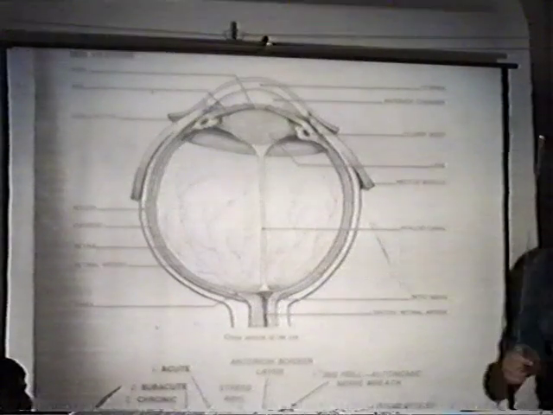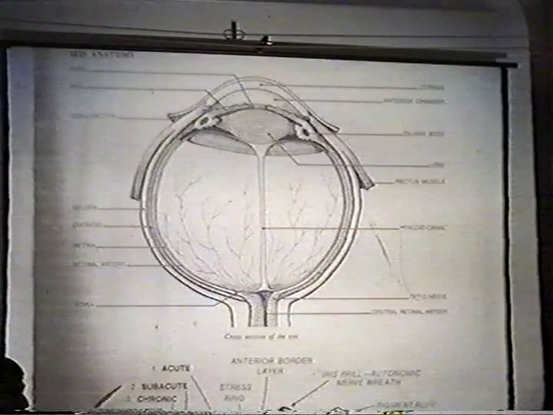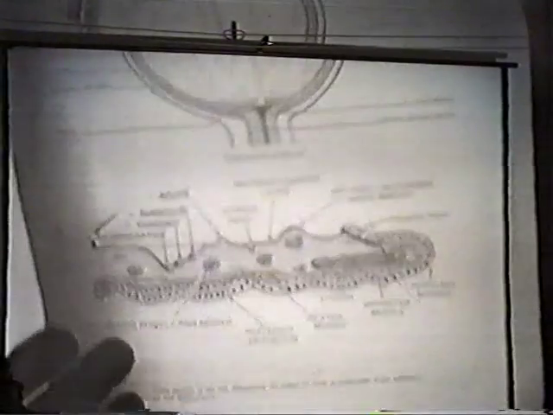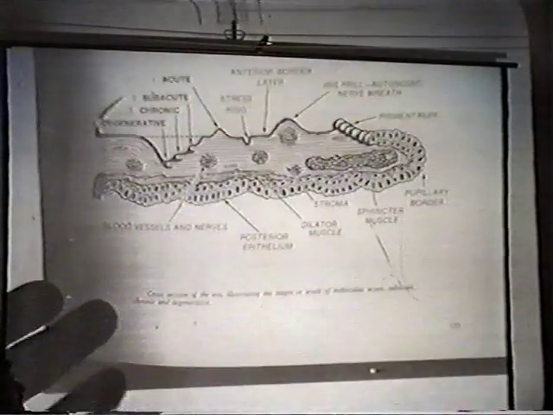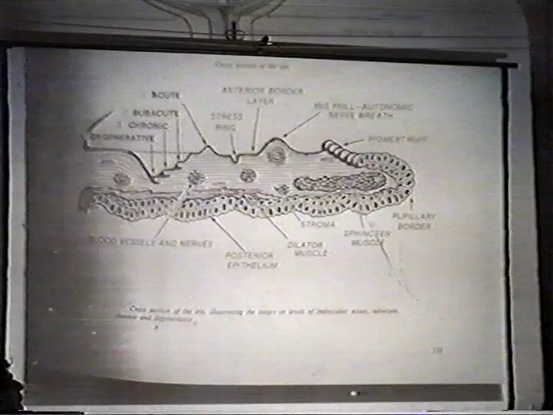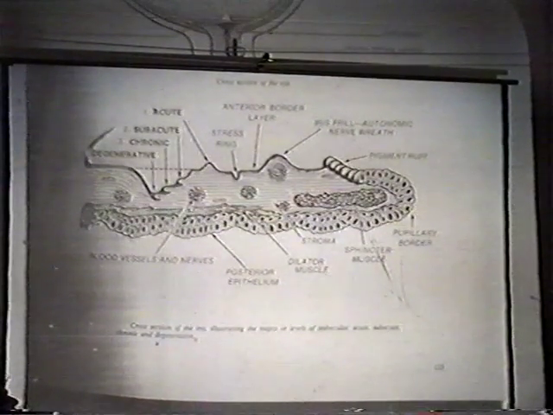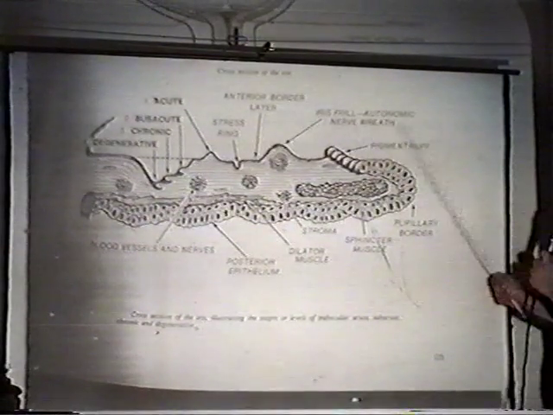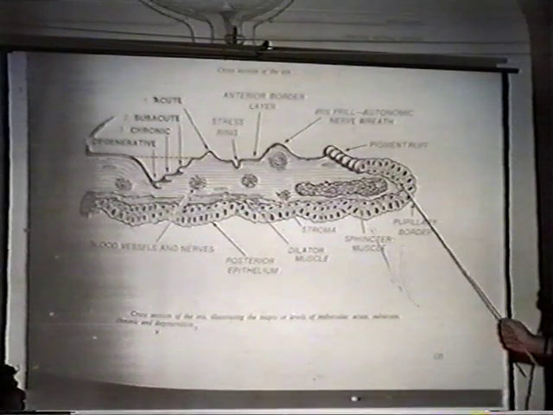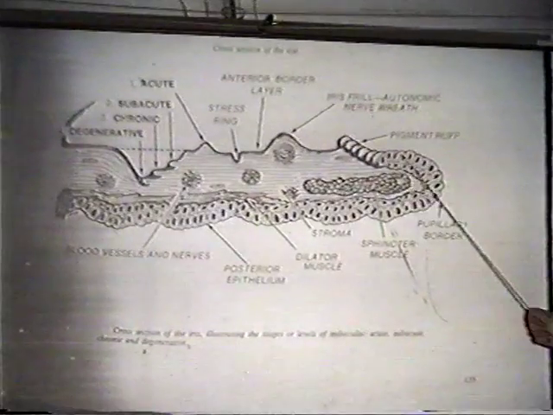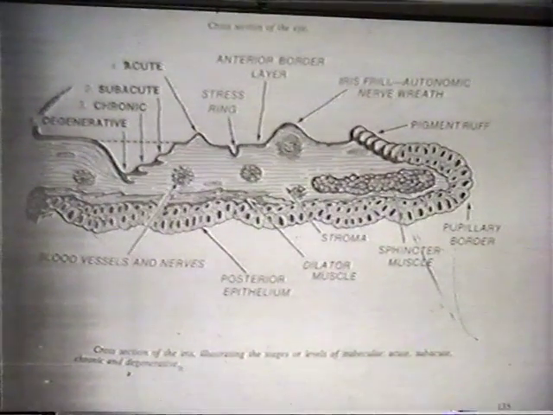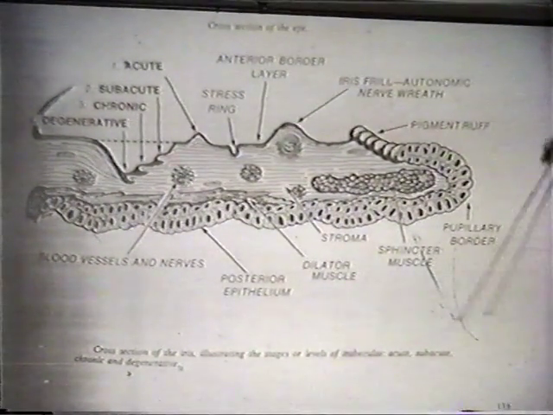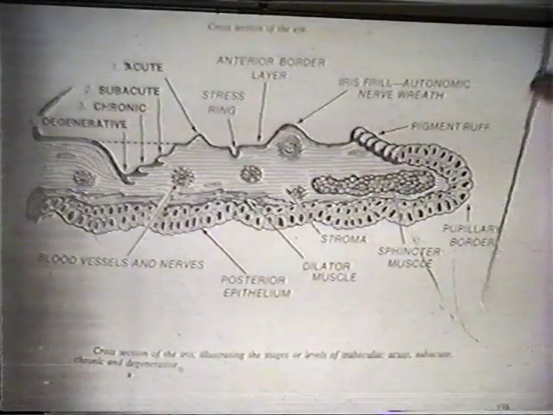Now, can we move that a bit? As you're looking at the cross-section here, here is what we call the pigment ruff. And this is when you're looking down through the pupil of the eye, down this way.